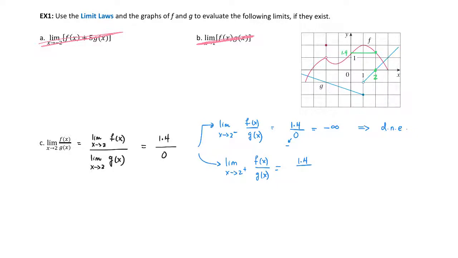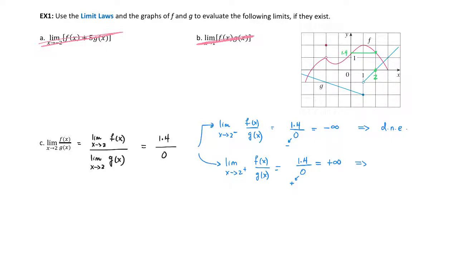And now the denominator, as x is approaching 2 from the right, the function is going towards 0, but in a positive way. So I'm going to put 0 here and a little plus to remind you it is going to 0, but positively. However, a fixed number over something that is getting very, very small is getting very, very large positively. So the limit is approaching positive infinity.